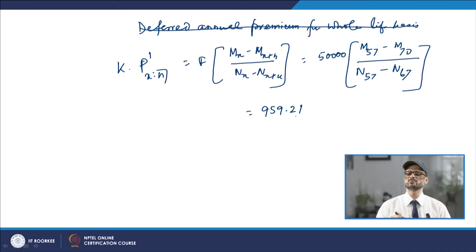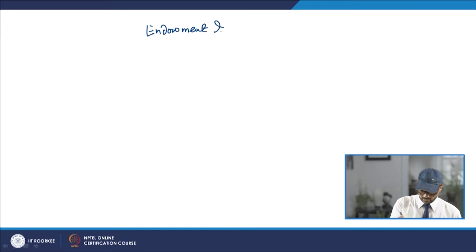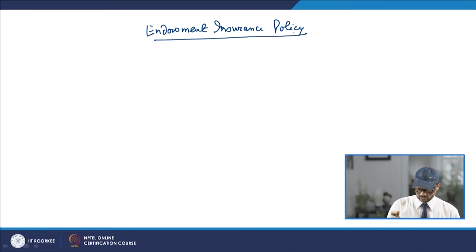We have anyway discussed the deferred annual premium for the whole life basis, and now we will discuss the endowment insurance policy. We talked about the pure endowment cases, and for the endowment insurance policy, this will be the sum of, basically, the net single premium.